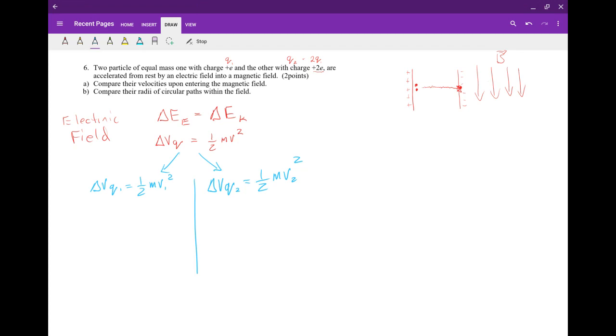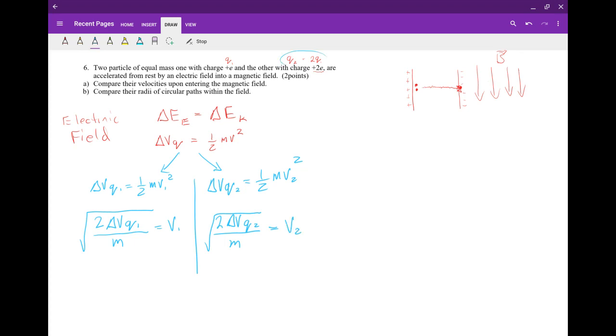I'll just solve for it in this one. So I'll multiply by 2, I'll divide by mass, and then I'll square root it. So I'm going to get the square root of 2 delta V Q1 over mass is my velocity 1. And the same thing goes over here, okay? The square root of 2 delta V Q2 over M is equal to V2.